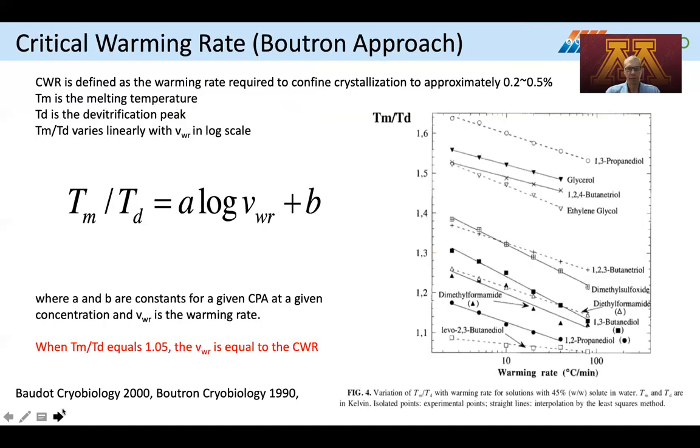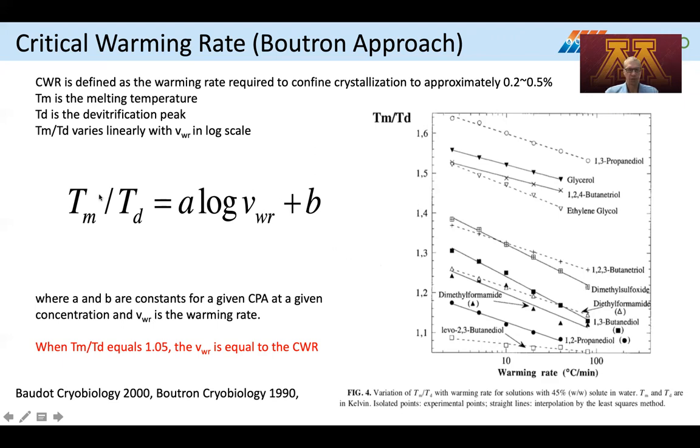Similarly, for warming rates, what has been found is that you're going to have a melt, as we've shown with DSC. You have a devitrification piece, which again can be measured with DSC. And so if you have those two, then you can actually calculate out the critical warming rate. And this is the warming rate below which about 0.2 to 0.5% ice forms in your solution.